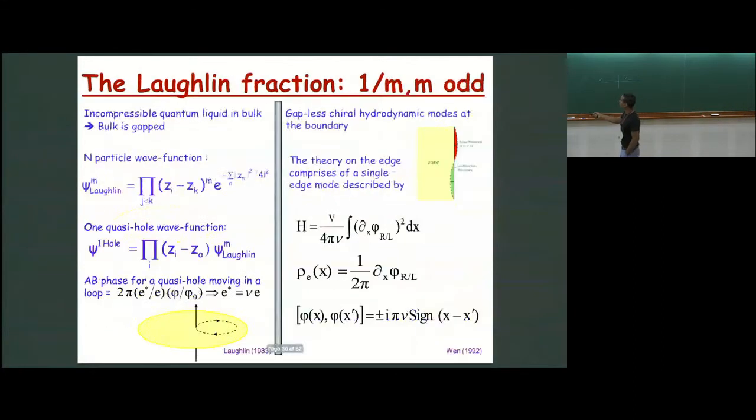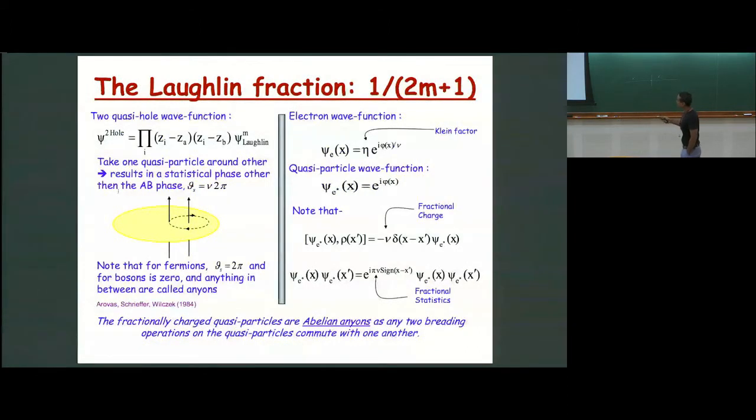For interacting edges this was first done by Wen in 1992, and he assumed a hydrodynamic mode which exists on the boundary of the quantum Hall edge, and he claimed that it can be described by such a Hamiltonian where the derivative of phi with respect to x is nothing but the density on the edge, written here. These are bosonic fields, and they have the commutation relations given here. The good thing is that you can construct electron operators and all quasi-particle operators using them.